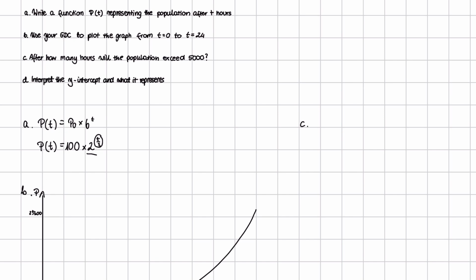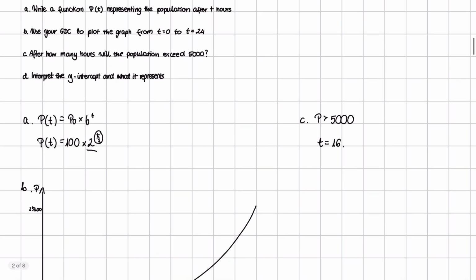In other words, our P has to be greater than 5,000, and we can simply solve it on our GDC by choosing gsolve, then x calculate, and then y is 5,000, and we have t that is 16.9. So after 16.9 hours.